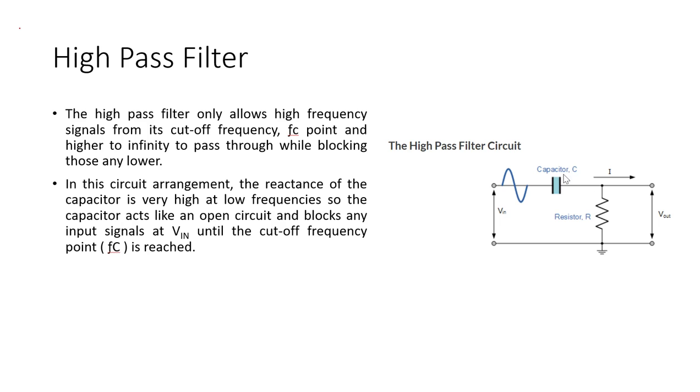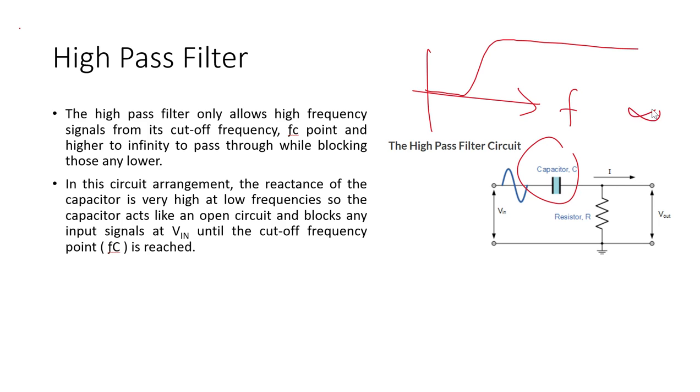At high frequency the capacitor becomes short, and at low frequency it becomes open and does not allow the signal to pass. So if we have, let's say, a frequency band, at low frequency it will not allow the voltage, and at higher frequency it will start allowing the voltage till f equal to infinity. And then we take the output across the resistance.